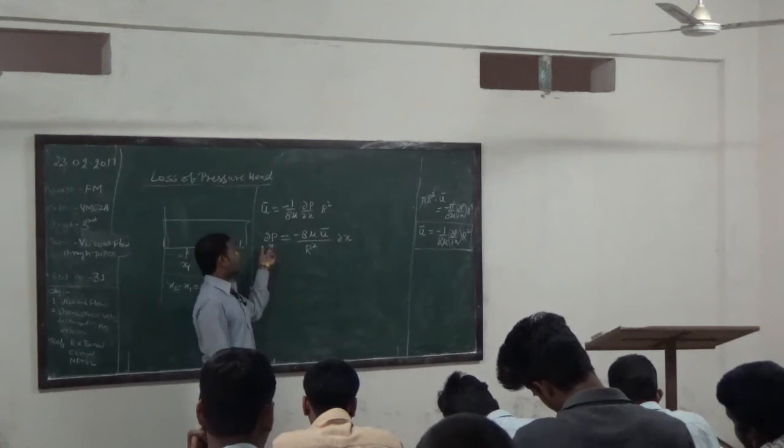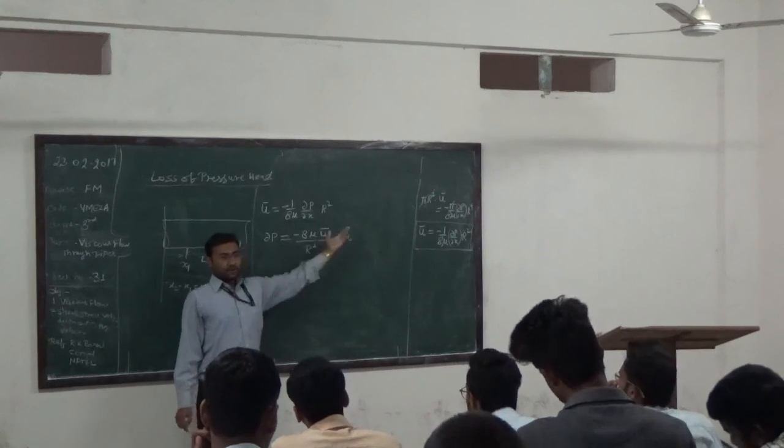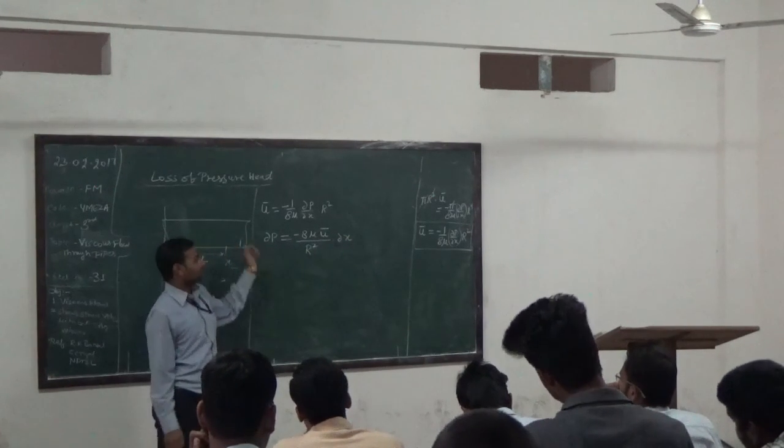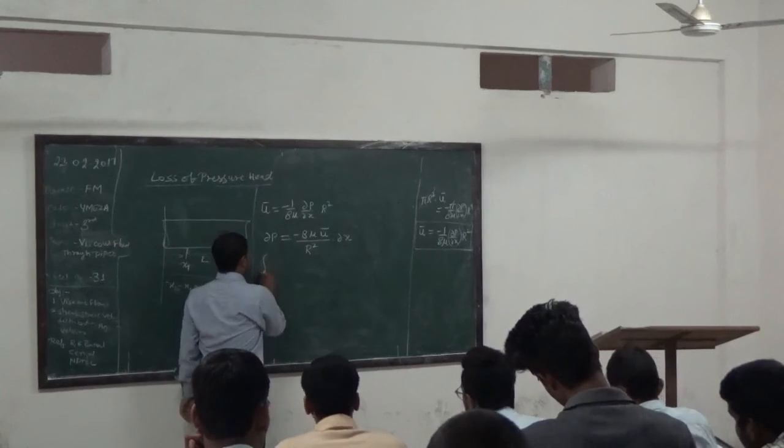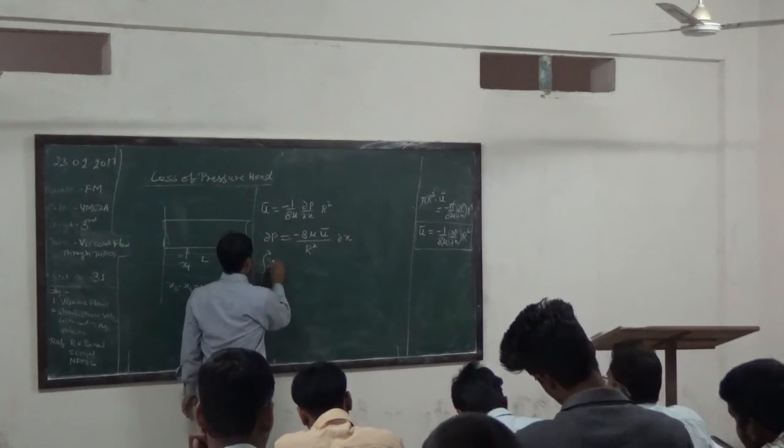I am keeping this del P on one side and send other parts of the equation to the other side. Now integrate this from 1 to 2.